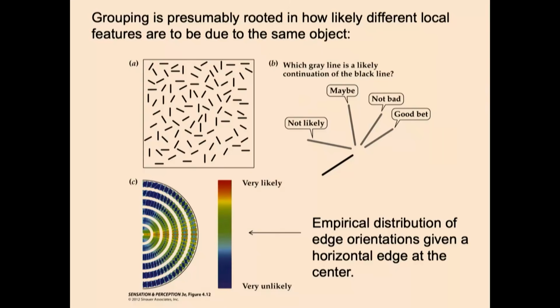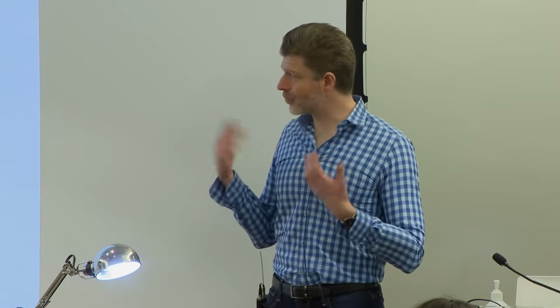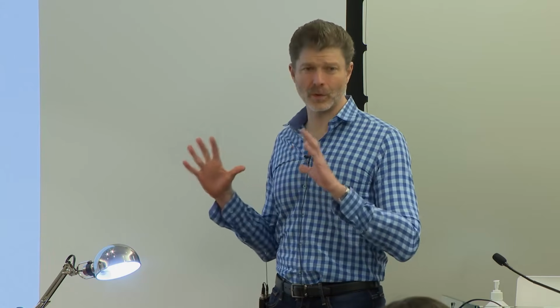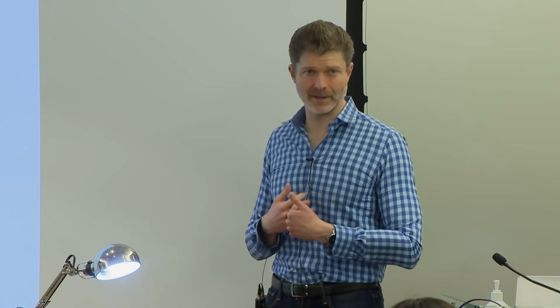Okay, so big picture here is that this phenomenon of grouping, which sort of seems like this loose, subjective thing, right? That you look at these displays and they kind of are organized in a certain way, we think is actually rooted in the way the world works, right? Such that there are probabilistic relationships between the elements that you see in images and whether or not they're likely to belong to the same thing.